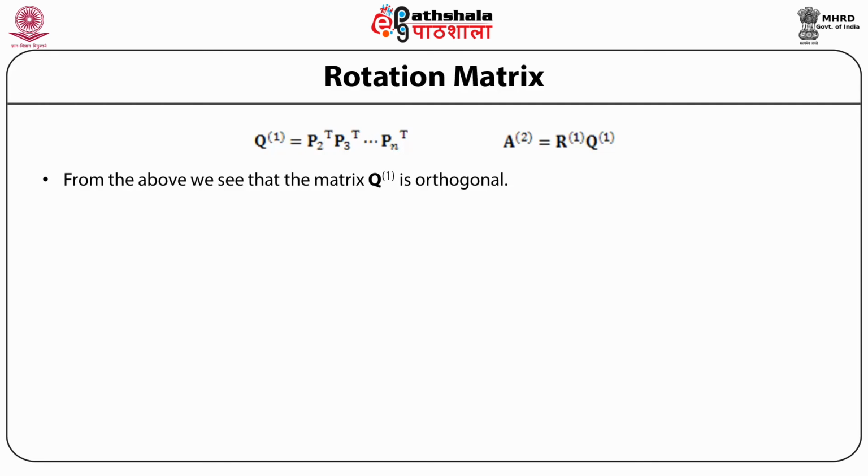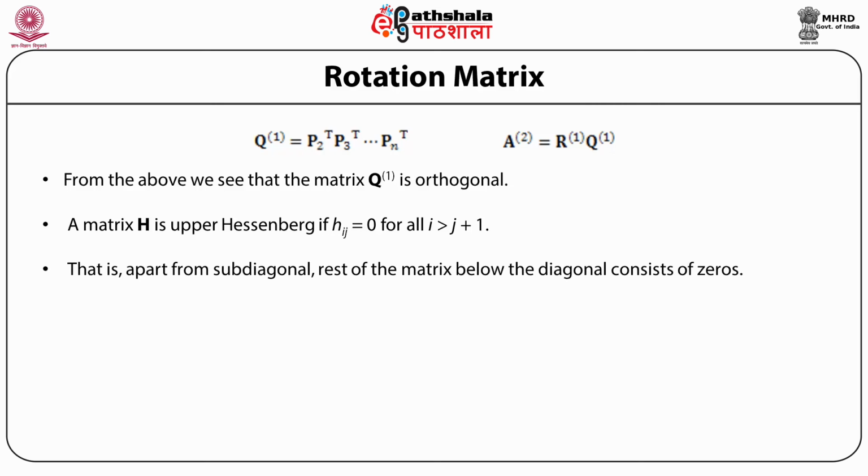So from the above we have seen that matrix Q^(1) is orthogonal. In addition, it is an upper Hessenberg matrix. A matrix H is upper Hessenberg if Hij equals 0 for all i greater than j plus 1. That is, apart from the subdiagonal, the rest of the entries below the diagonal consist of zeros.